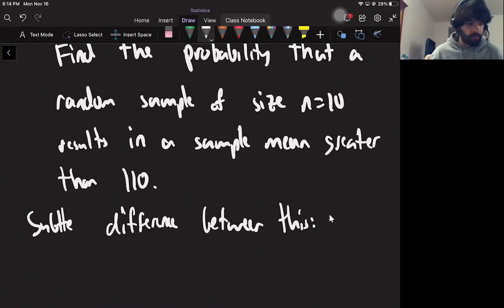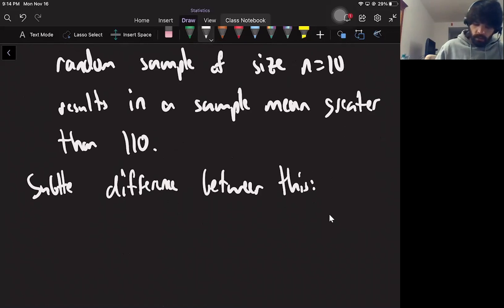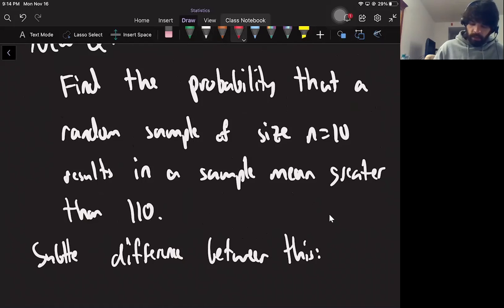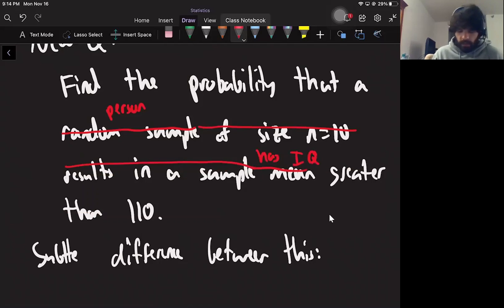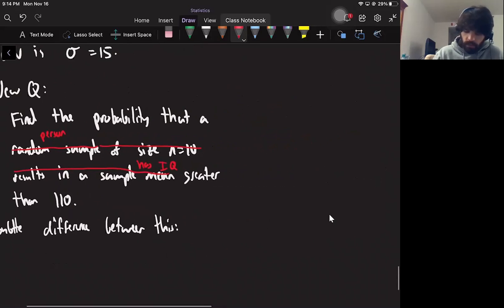and something like we might have asked before, which was something like: find the probability that a person, a single person, instead of a sample, has an IQ greater than 110. So in that situation, we were assuming that IQs were already normally distributed.